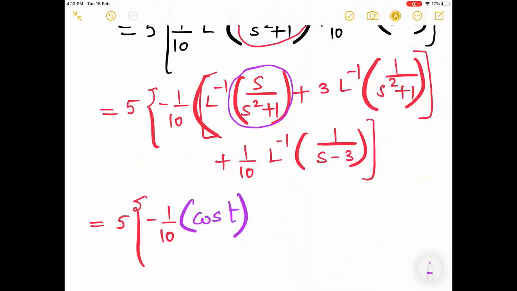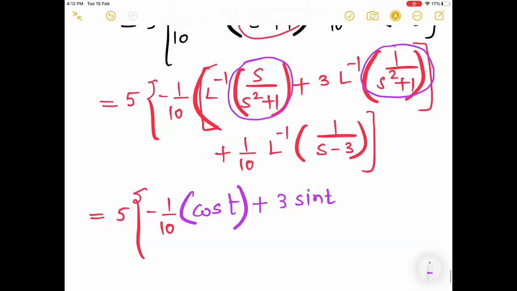Okay. Plus 3 into bracket. What is this? 3 sin t. That's correct. Very good. And last term. What is the transform of this? 1 upon S minus 3. E raised to 3t. Yes. So e raised to 3t. That's it.